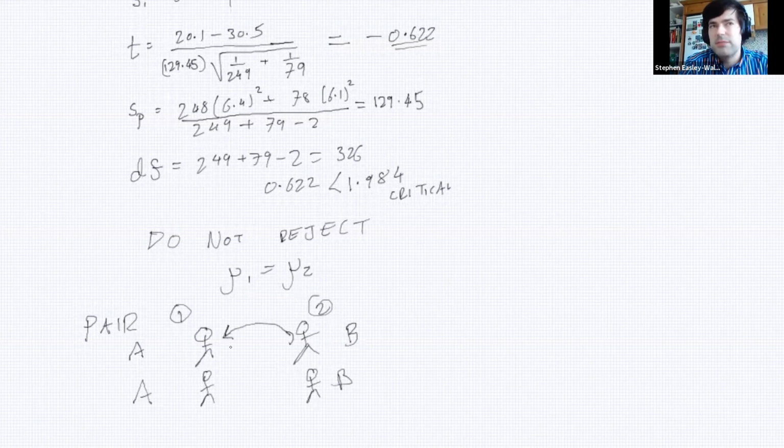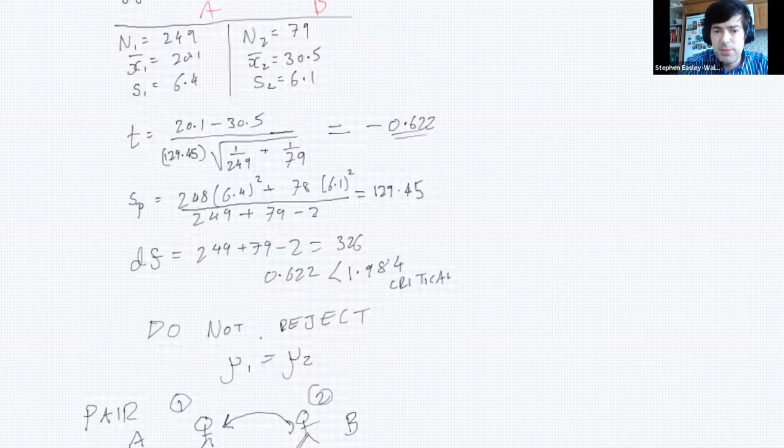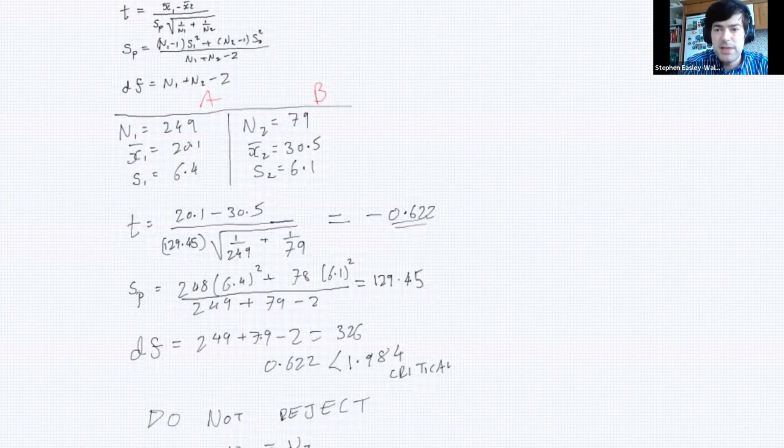Another example might be students in first year of university and the same students in second year of university. So there's a pair that you can draw between the two. But with the example I did, it's unpaired, which means all the patients in the first group will be different to all the patients in the second group.